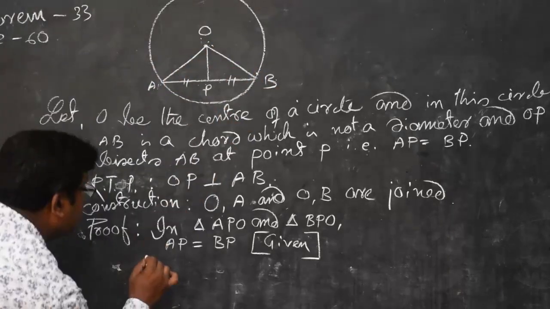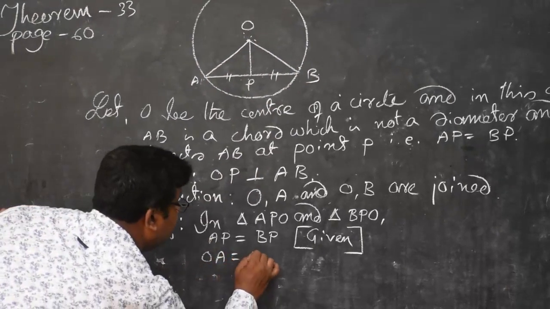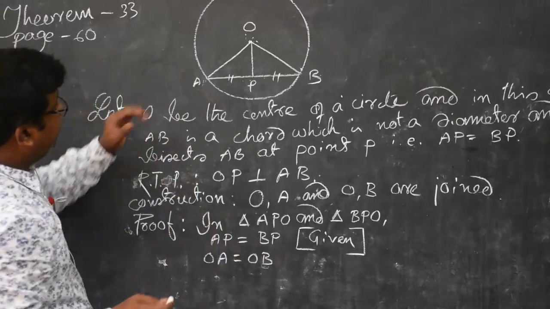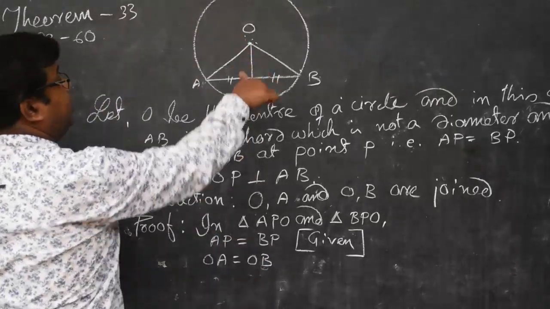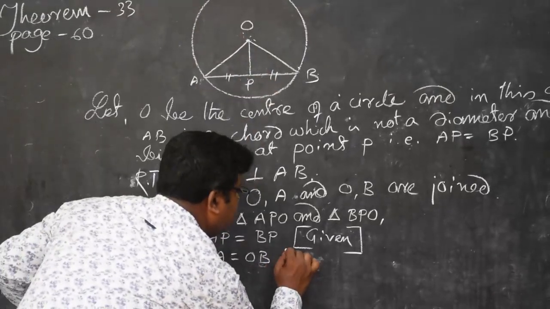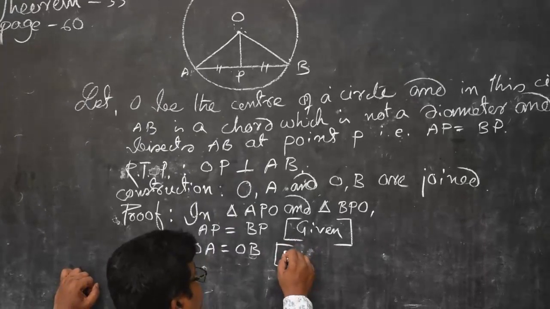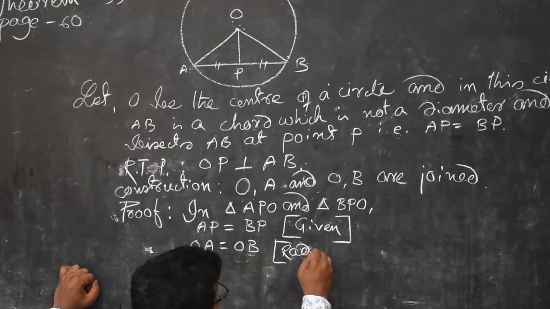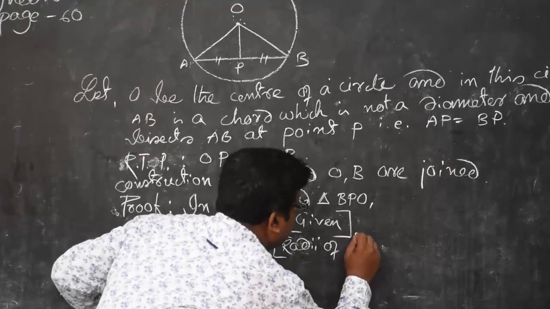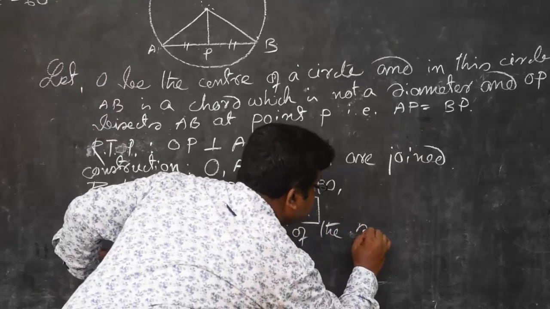OA equal to OB. Why? You know OA equal to OB because these are the radii of the same circle. If you have to write the logic here, radii of the same circle.